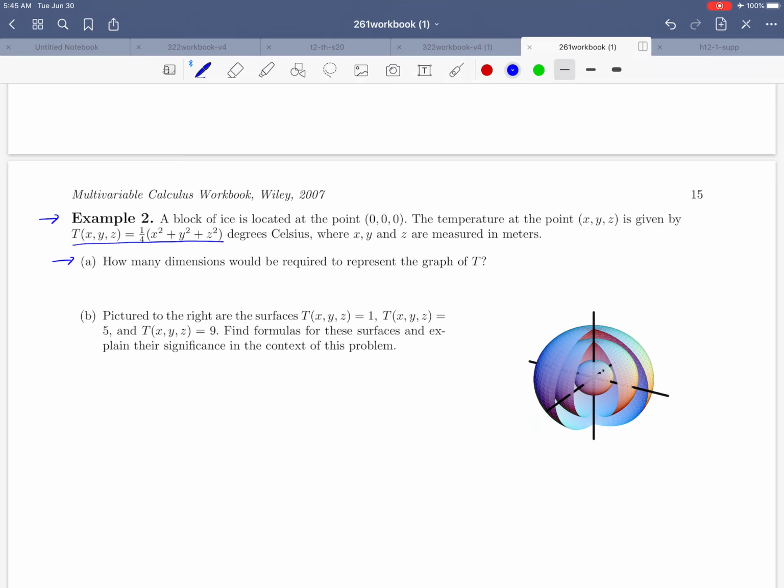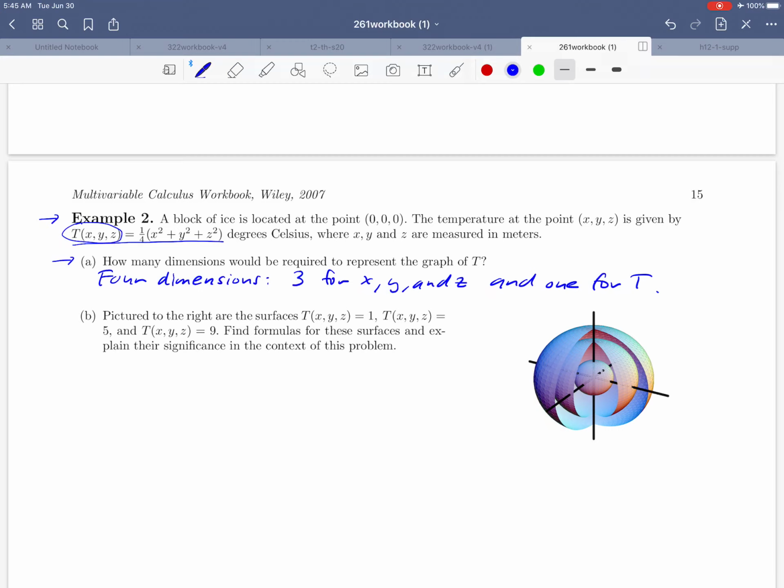But actually, to draw a graph, you would need 4 dimensions because not only do you have x, y, and z, the 3 input variables, but you have an output variable of T. So 3 for x, y, and z, and 1 for T. Trying to draw a graph of this function is not something we can really do because our universe kind of takes place in 3 dimensions. We can't picture a function of 4 dimensions.